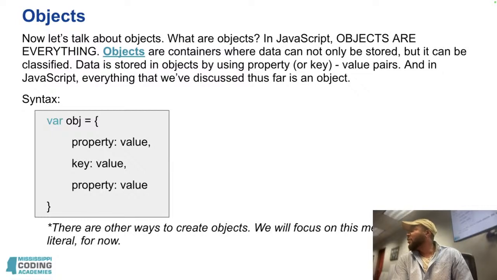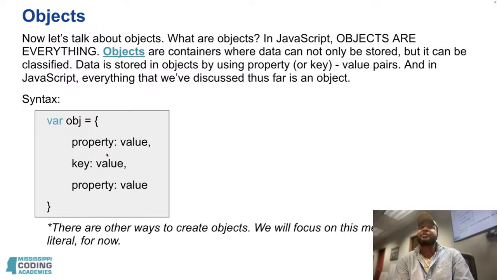The properties and values are separated by colons, and then each property value pair is separated by a comma. So we have a colon here and a comma here. You'll hear property or key used interchangeably, so either key value pair or property value pair.